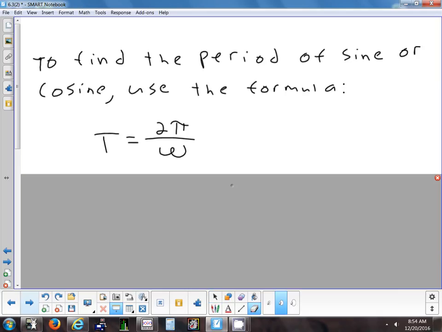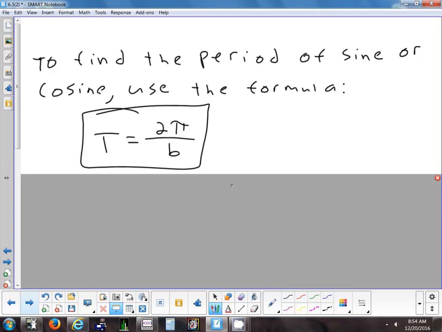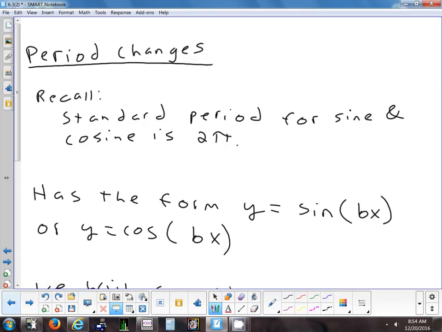So in order to figure out how fast it's repeating, we have to find the new period of the function. And this is the formula for finding the period: 2 pi divided by b, whatever is in front of x.